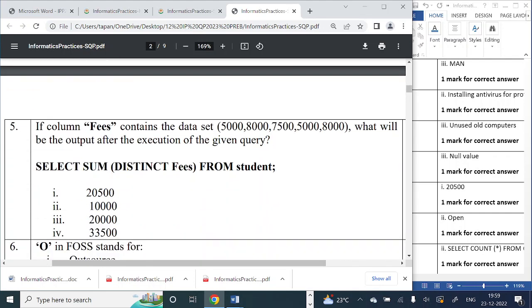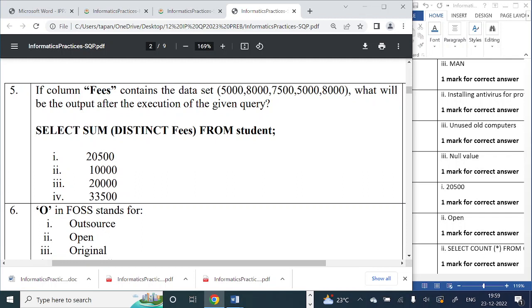Next one, if column fees contain the data set of this, what will be the output after execution of the given query? Select sum distinct fees from student. Now the distinct keyword is used to take the fees only once without repetition.